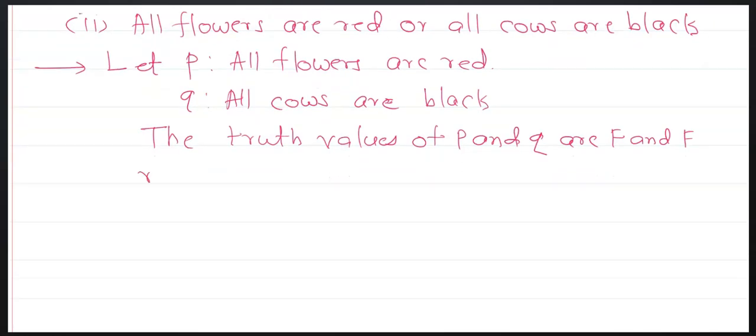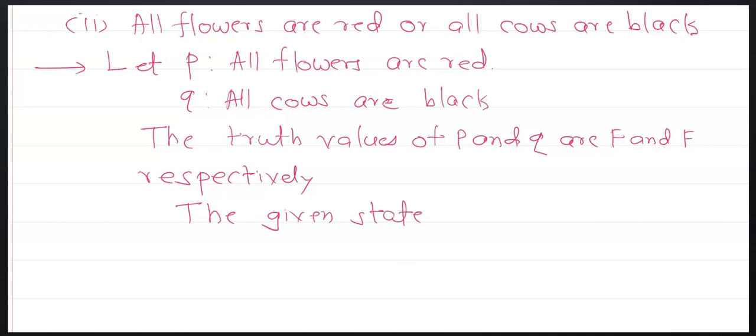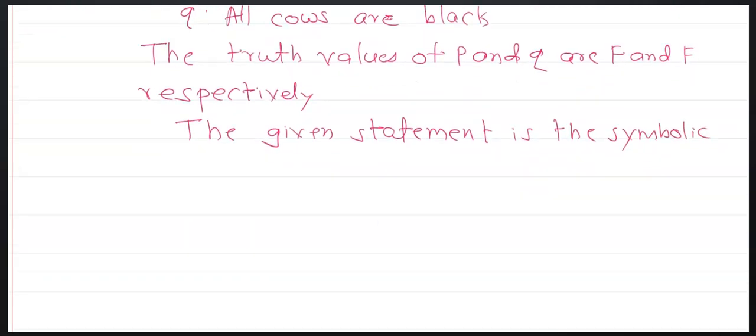Some flowers may have different colors. Therefore, the truth value of P is F. All cows are black is also not possible. Some cows are white or maybe have different colors. Therefore, the truth value of Q is F.